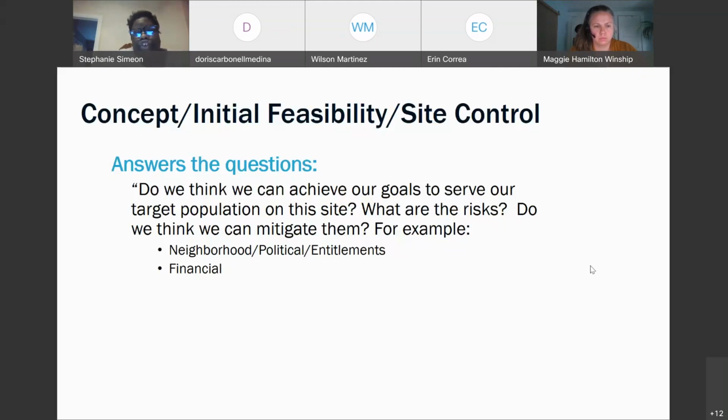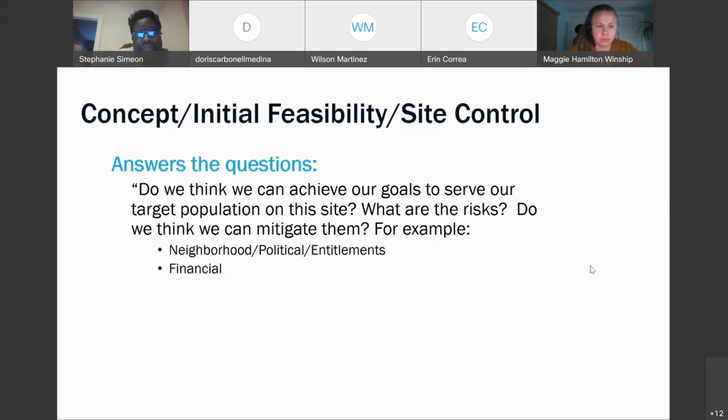So here are the questions you need to be able to answer. Do we think we can achieve our goals to serve our target population on this site? Just because the City of Rochester or City of Buffalo is saying we're considering this our homeownership zone or our opportunity zone or whatever they want to call it, and you're like, oh, let's get in on this opportunity zone, they're giving the land at $1 a square foot, whatever, we can do this, we can afford it.